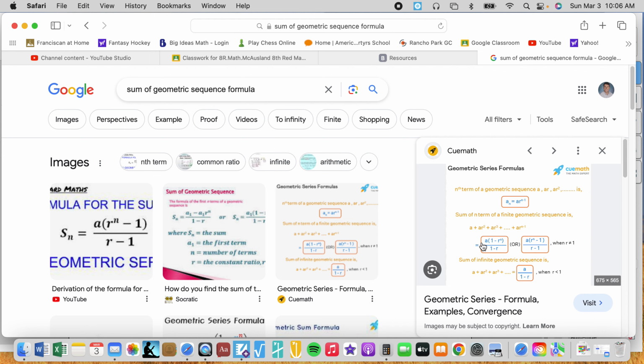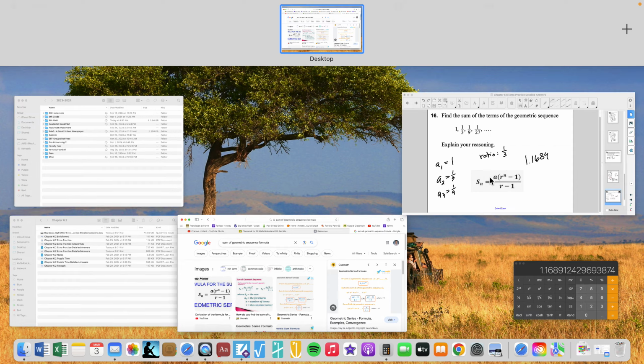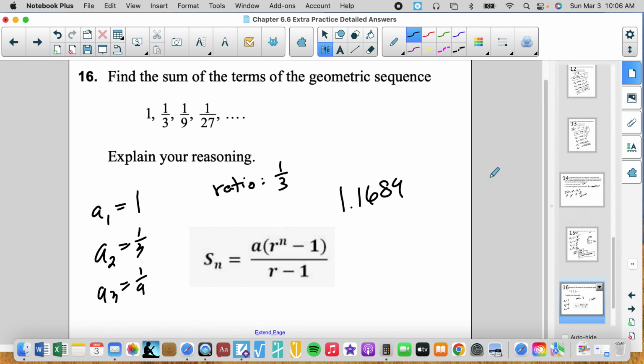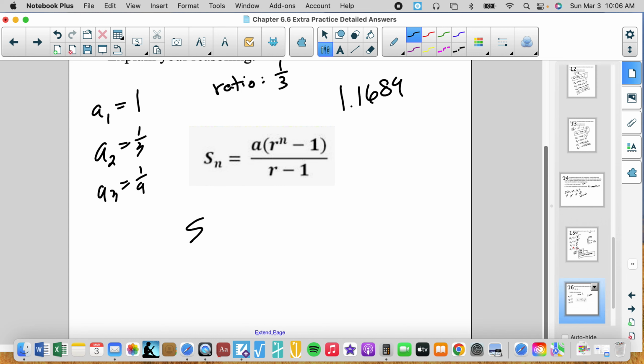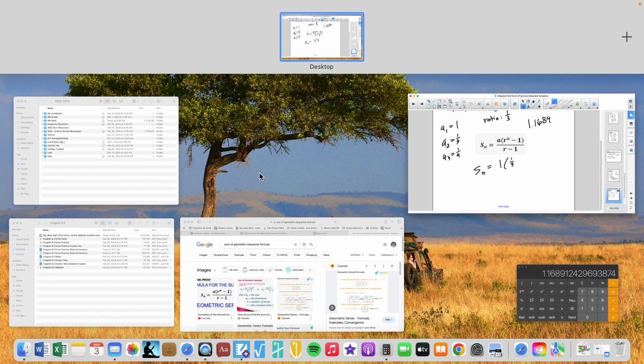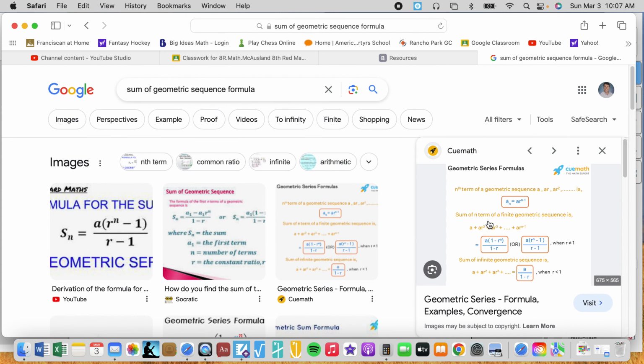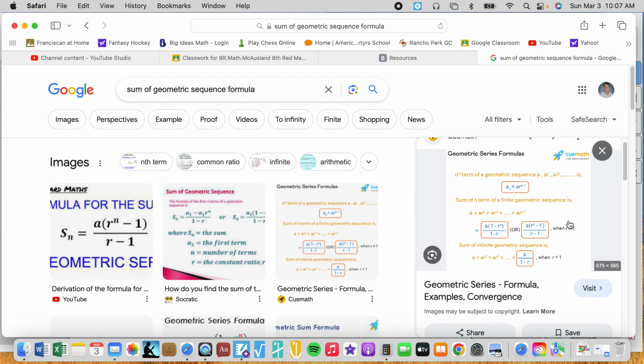Okay, so that's 1, and my ratio R is 1/3. I want an infinite number of terms. I want the sum of all of the terms. That doesn't make sense. It's the sum of the geometric nth term, yeah.